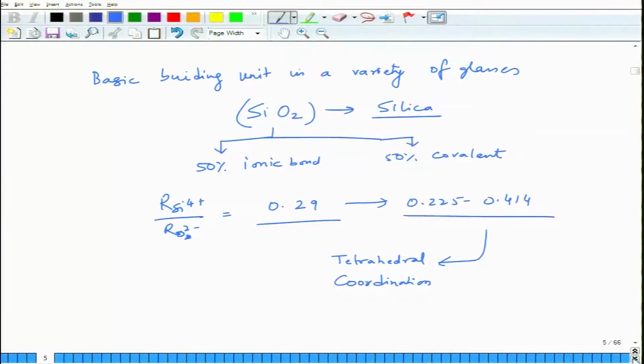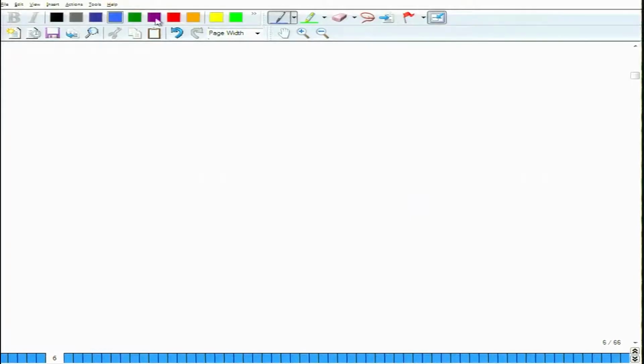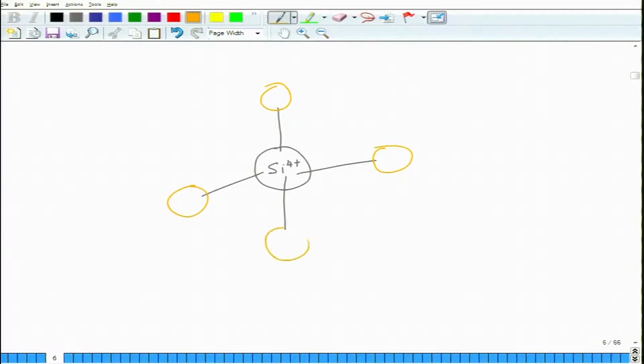So, basically what you are going to have is this atom of silicon which is 4 plus, and this is surrounded by one oxygen here, another oxygen here, oxygen here, another oxygen here.